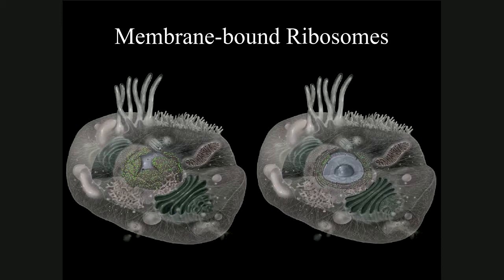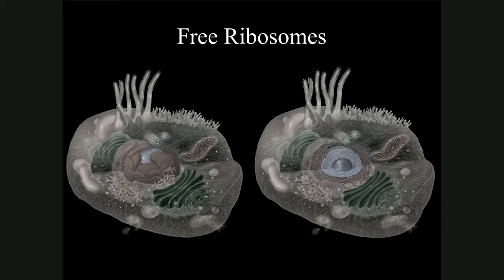Membrane-bound ribosomes. So ribosomes are small, dark stained granules composed of proteins and a variety of RNAs called ribosomal RNAs. Ribosomes are going to function as the site of protein synthesis. We have membrane-bound ribosomes and we have free ribosomes that are floating in the cytoplasm.